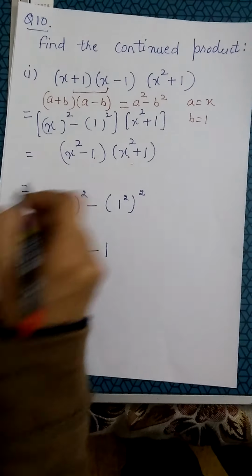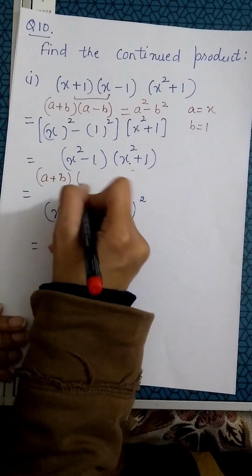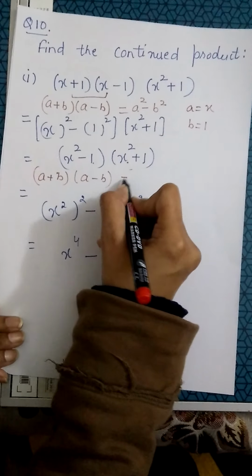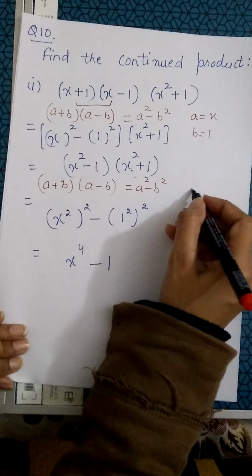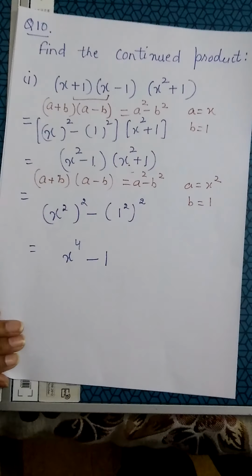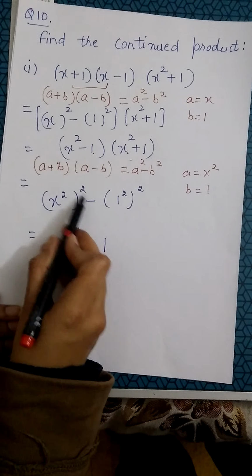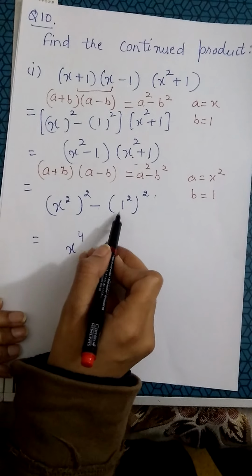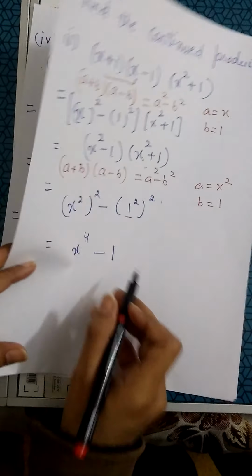If you again compare this with (a plus b) into (a minus b), which is again a square minus b square, but in this case a is x square and b is 1. So a square minus b square becomes (x square) whole square minus (1 square) whole square. 1 becomes 1. So x raised to power 4 minus 1.